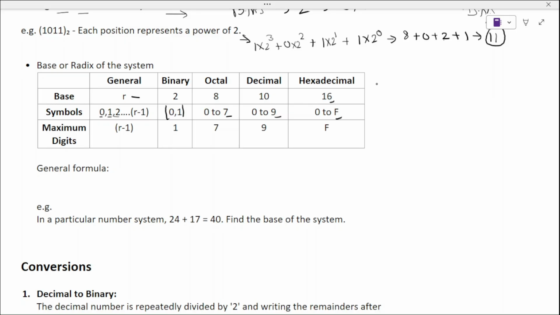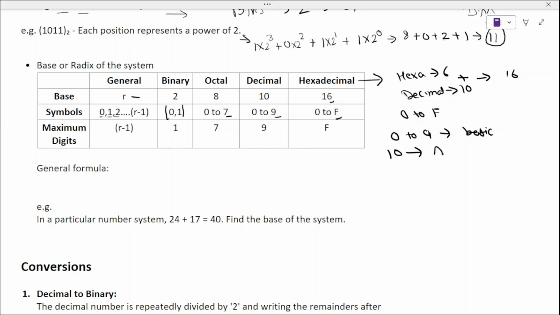So let's understand hexadecimal, right? What does hexadecimal mean? Hexa means 6. Decimal means 10. So the total count of numbers should be 16, from 0 to F. So what is this F? 0 to 9 are the basic numbers: 0, 1, 2, 3, 4, 5, 6, 7, 8, 9. 10 represents A in hexadecimal number system.